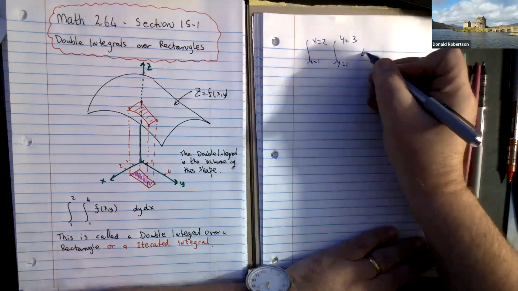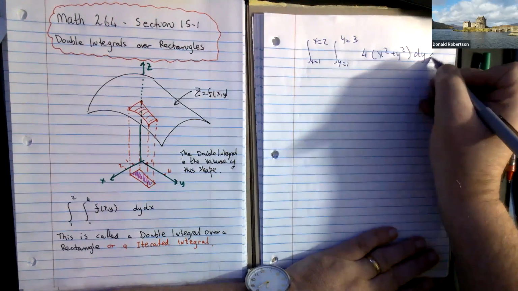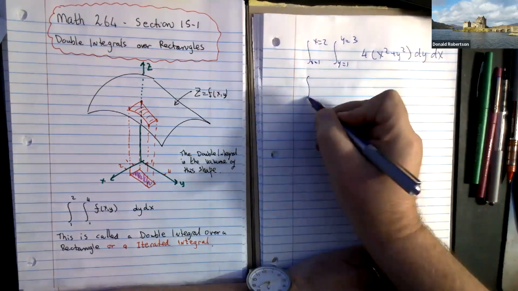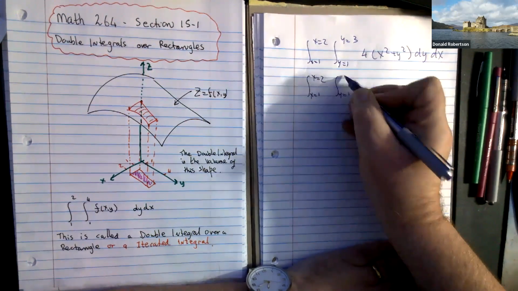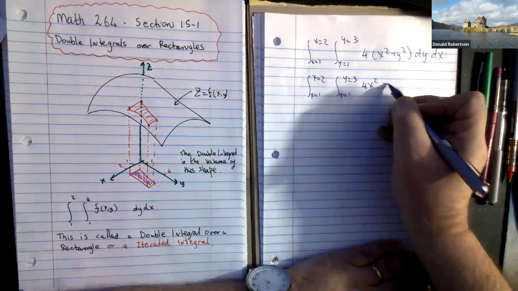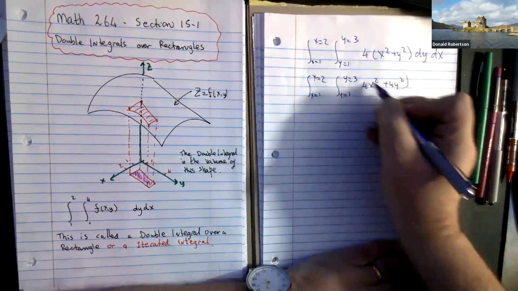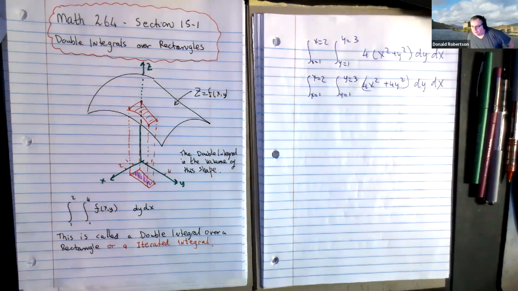And 4 lots of x squared plus y squared dy dx. I'm not going to make this complicated because it doesn't need to be. It does help if you distribute the 4. Would you agree that's a pretty straightforward integral? No frills. You got your answer.